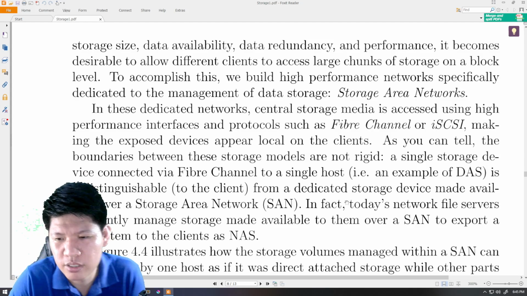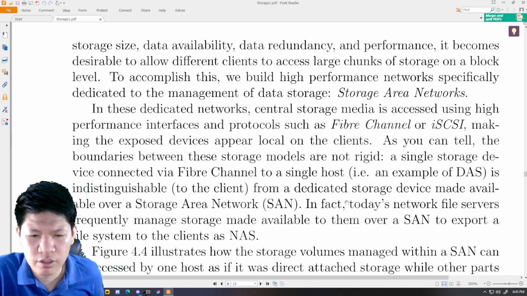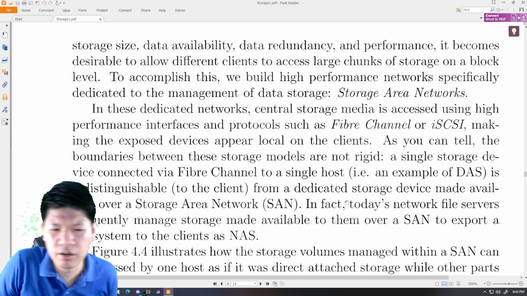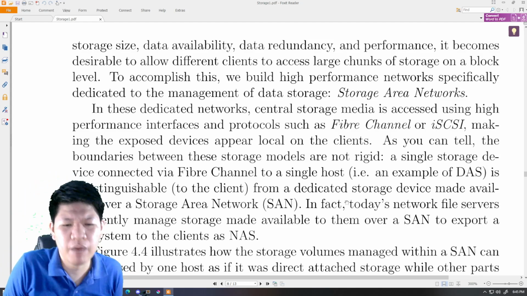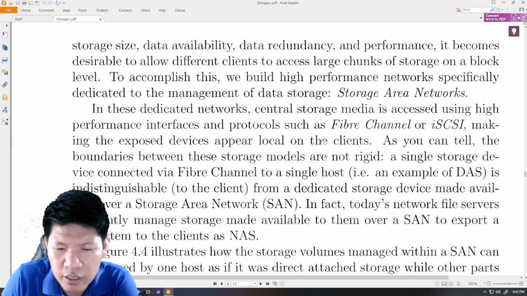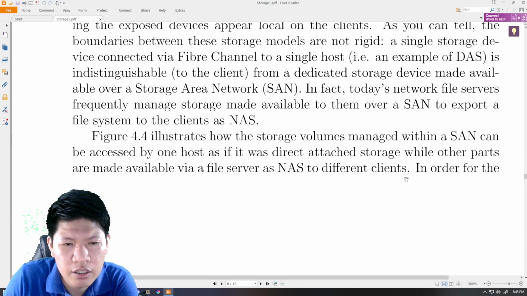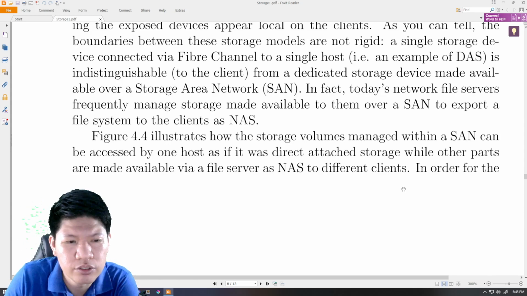In fact, today's network file servers frequently manage storage made available to them over the SAN to export a file system to the client as network attached storage.